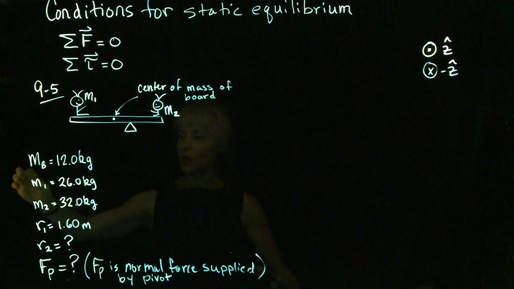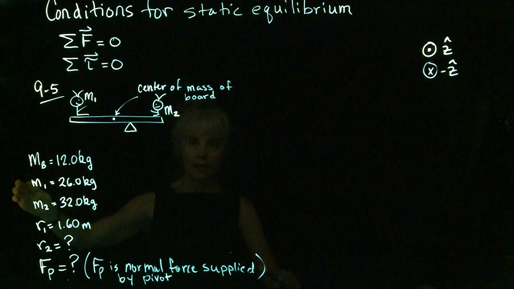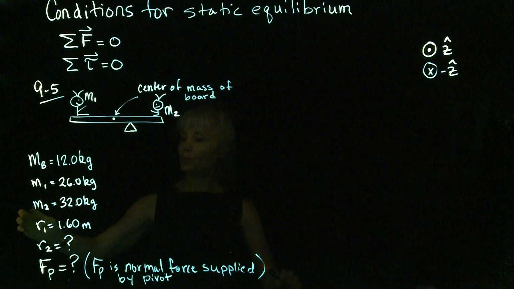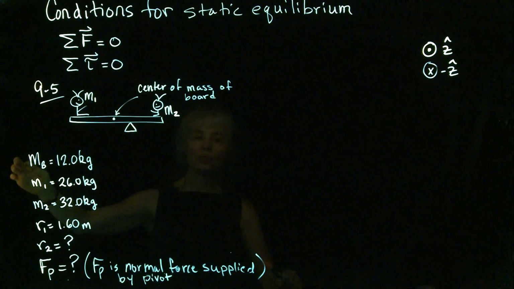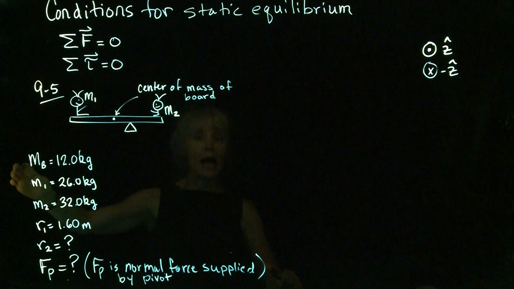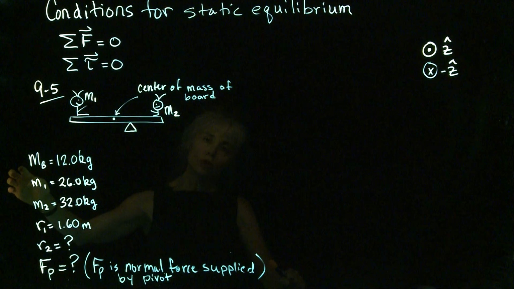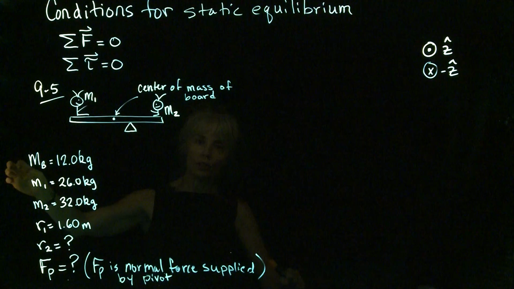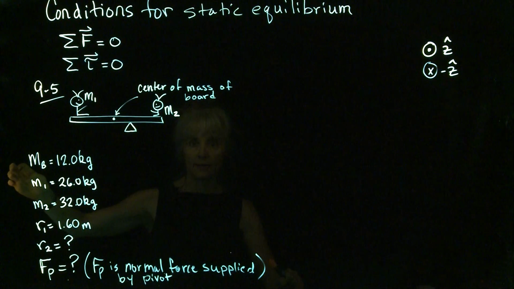The masses are given as 26.0 kilograms for the lighter child and 32.0 kilograms for the heavier child. In addition, we're told that the mass of the board for this problem has to be considered, and that's 12.0 kilograms. When you look back at example 9.1, you'll see that we assume the mass of the board to be 0 in that example.